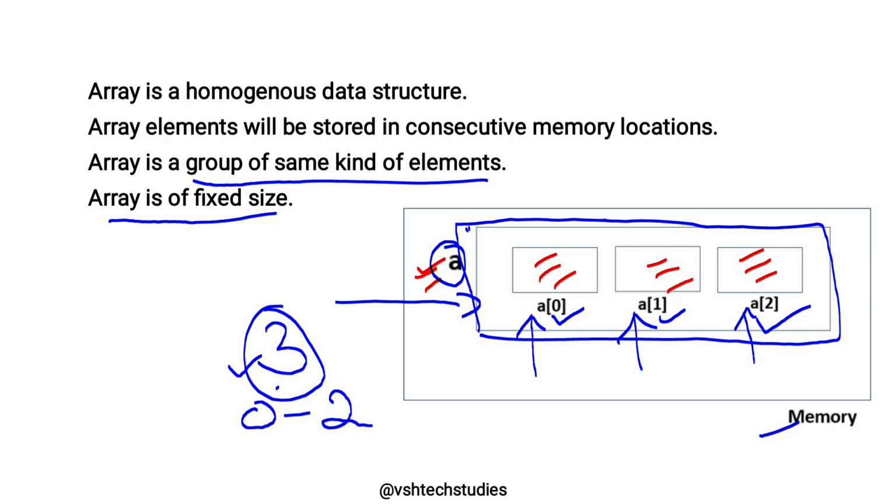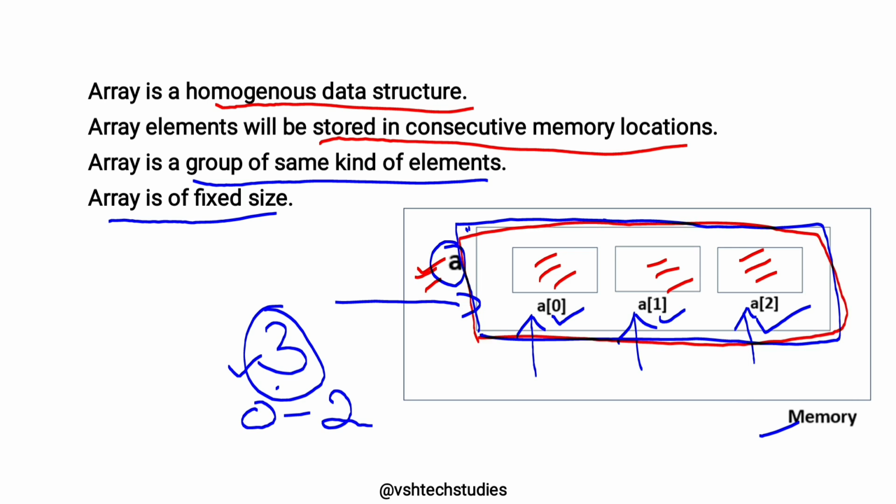They will be stored in consecutive memory locations, and it is a homogeneous data structure. The way of arrangement of data in memory is called a data structure. Homogeneous means same kind of data. So an array has the same kind of data, arranged in consecutive memory locations.